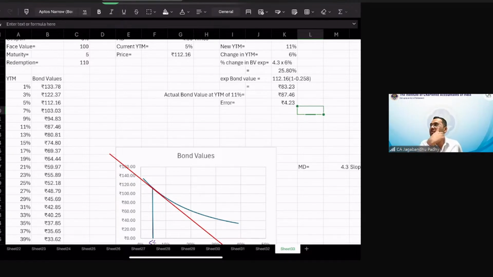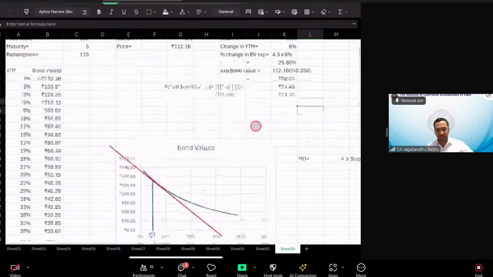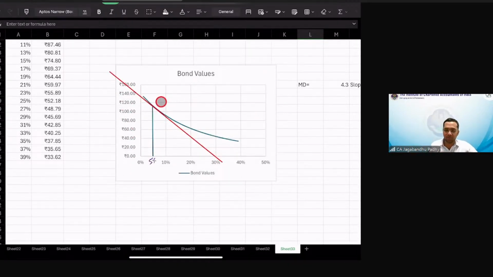Yes, concave lens and convex lens. So convexity over here is derived from there. If you recall the shape of a concave lens or a convex lens, both of them are indicating the curvature. Because we say that this bond value is deviating from the modified duration value because of the curvature that we observe in it.